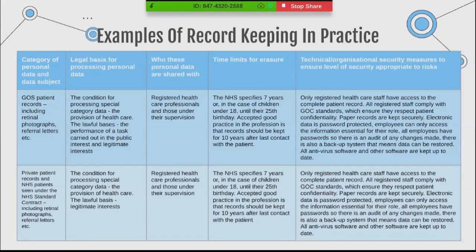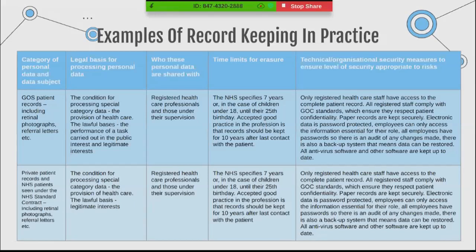So the legal basis for processing that personal data is that the condition for processing special category data is the provision of healthcare. The lawful basis is the performance of a task carried out in the public interest and legitimate interest. So again, we have a legitimate interest to have that data processed because we are providing healthcare for that patient.